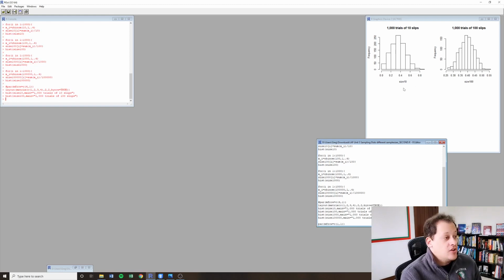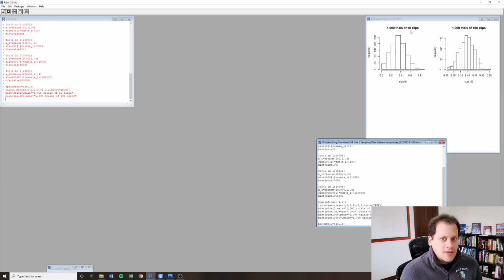But I also want you to notice the scale of this horizontal axis. Here we go all the way from 0 up to 0.8 or 0.9. But look at this scale. The smallest is 0.25 and the largest 0.55. This is a much narrower scale. Why is that? Well, when you're taking 10 slips of paper, it's fairly easy to get something that's kind of strange.